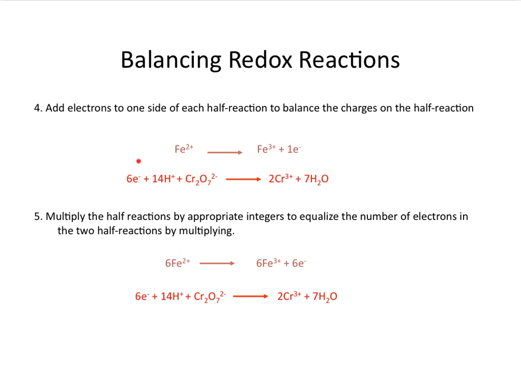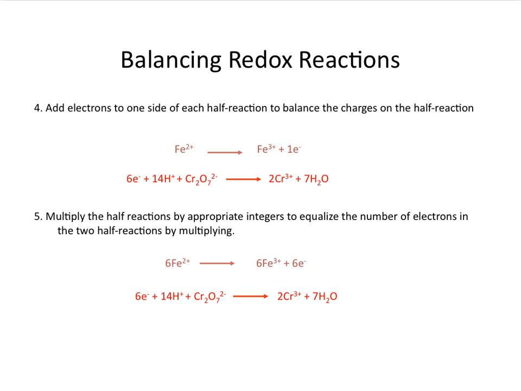Okay, so we add 6 electrons to balance that 12 H plus, and that gives us 6 plus on this side. Okay, so 6 plus on this side, 6 plus on this side. We have now added the appropriate number of electrons to balance the charges of each half reaction.